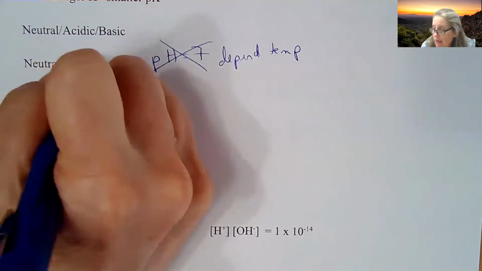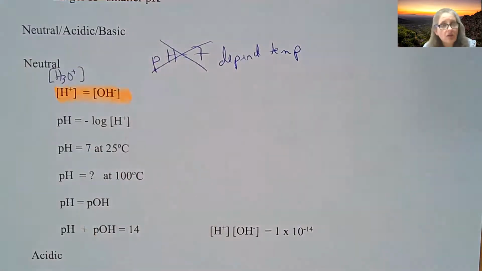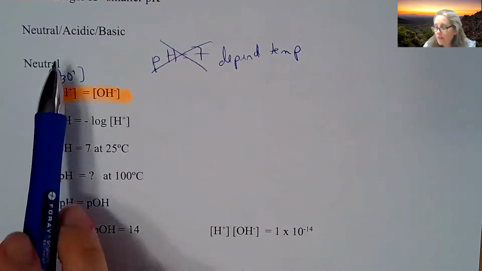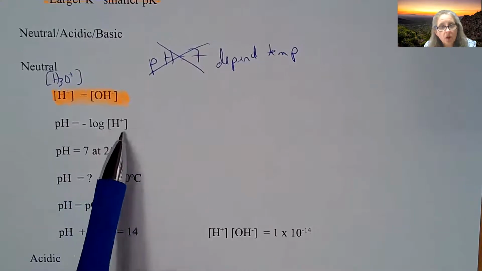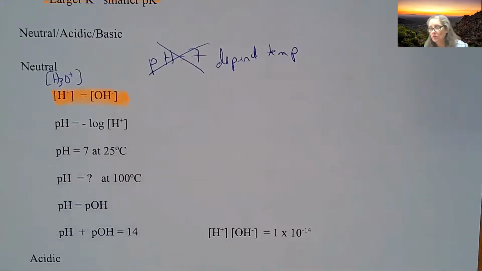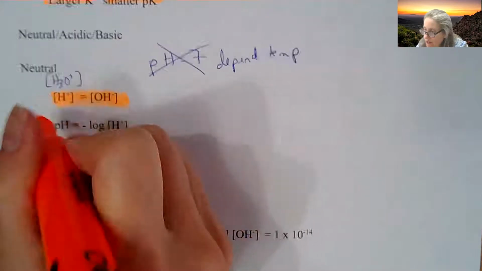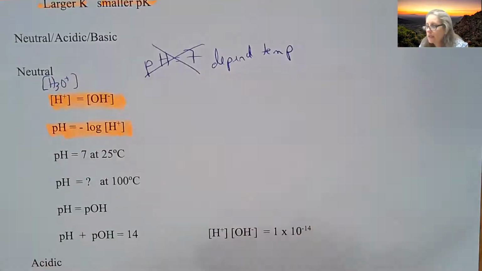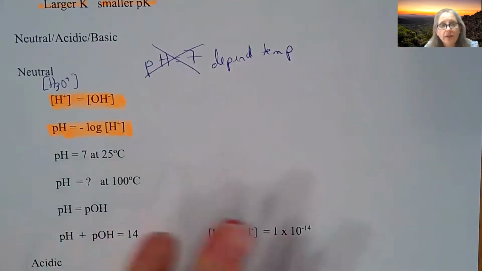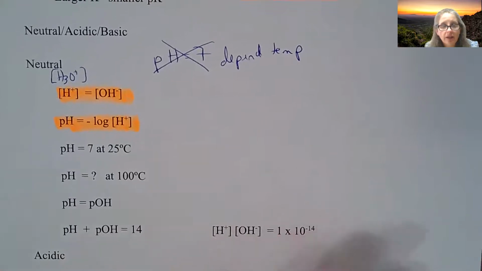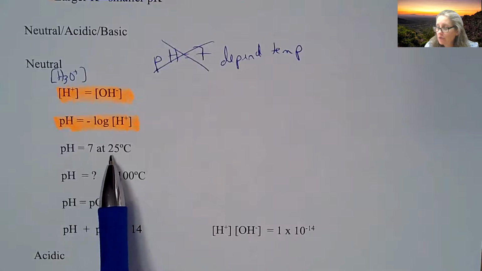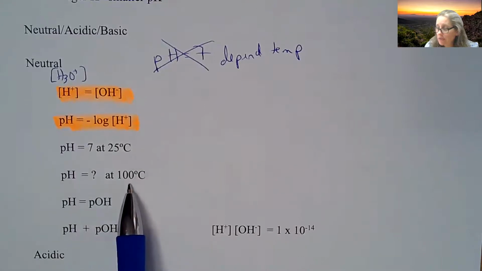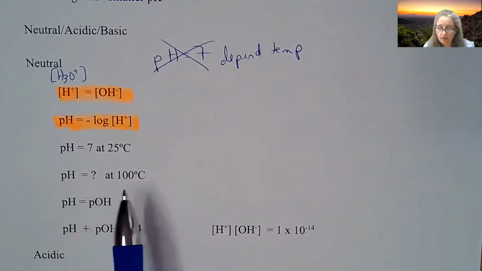Now, you can say hydronium ion instead of H plus. That's acceptable. But if I have a neutral solution and I take the negative log of my hydrogen ion concentration, I have my definition of pH. So pH is the negative log of H plus. My pH is 7 at a neutral solution at 25 degrees Celsius. What would my pH be at 100?